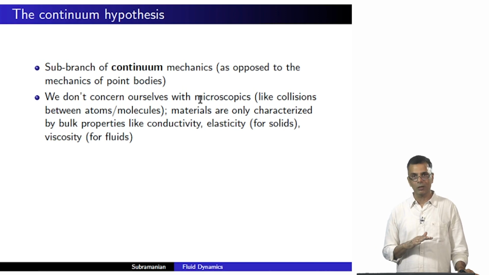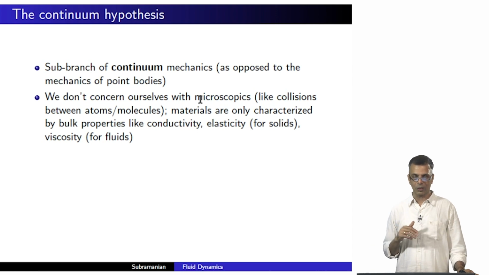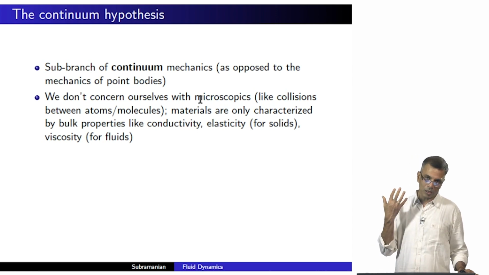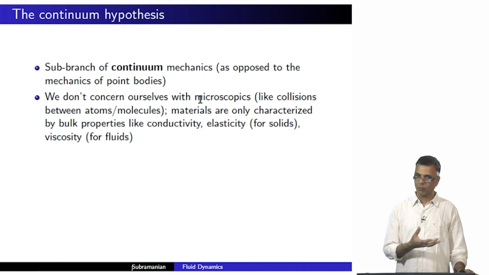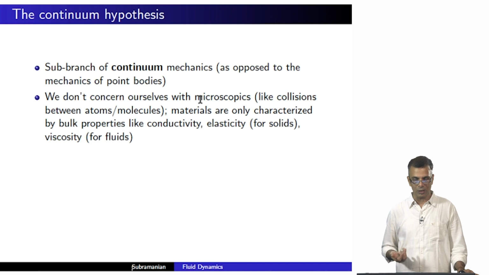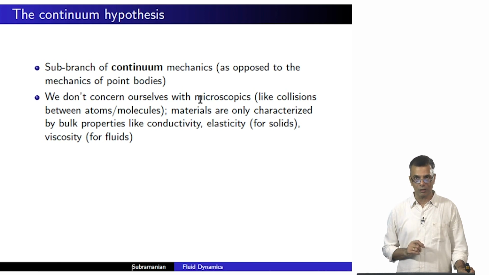We will be resorting to what's called a coarse grained description of these things. We will be looking at a fuzzier description, and we will be concerning ourselves mostly with the macroscopics, so macroscopic quantities such as pressure, density, velocity, and so on and so forth. Pressure, density, velocity of the continuum, not of the constituents of the continuum per se.